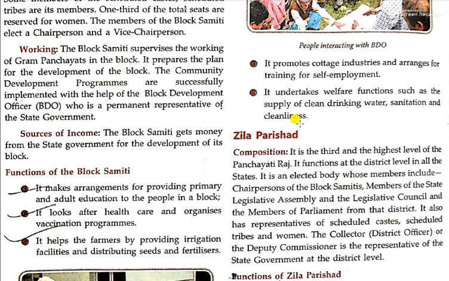Sanitation is a system where the dirty water and all the other waste products are removed from the area where people live. So they provide clean drinking water, proper sanitation facilities, and also cleanliness, where the village is maintained clean and safe. So these are the functions of the block samiti.